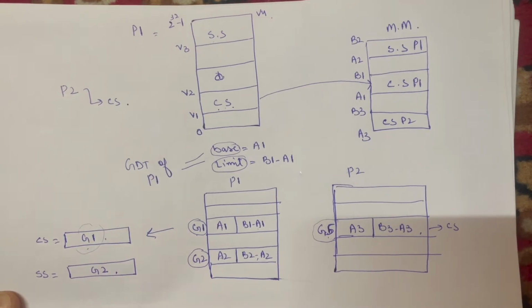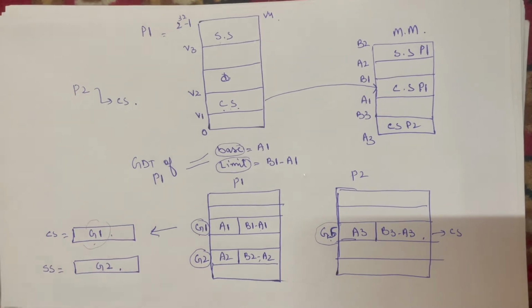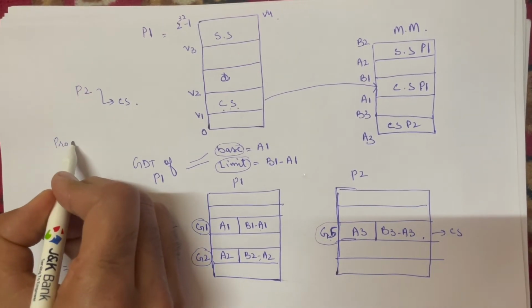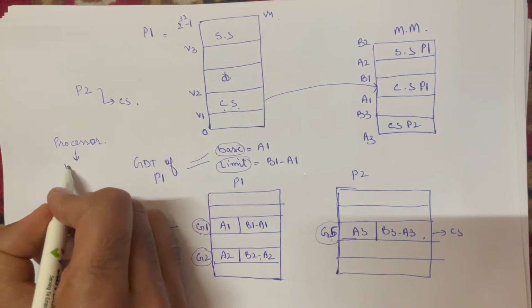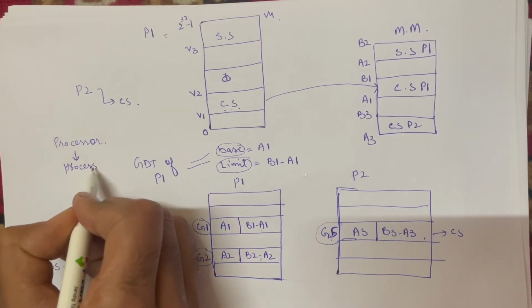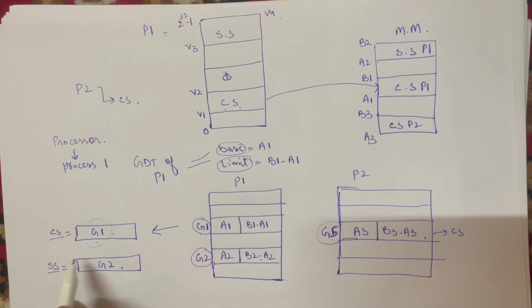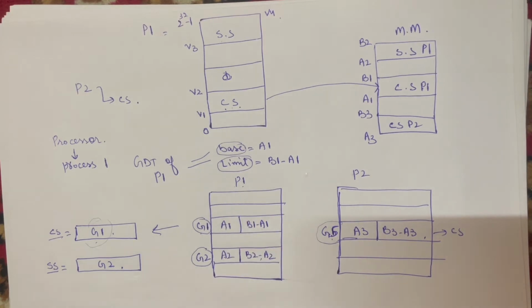Okay. Now let's see how we are handling this situation. When our processor is executing a process, let's suppose it is currently executing process P1, then these segment registers will contain the GDT addresses of process P1.